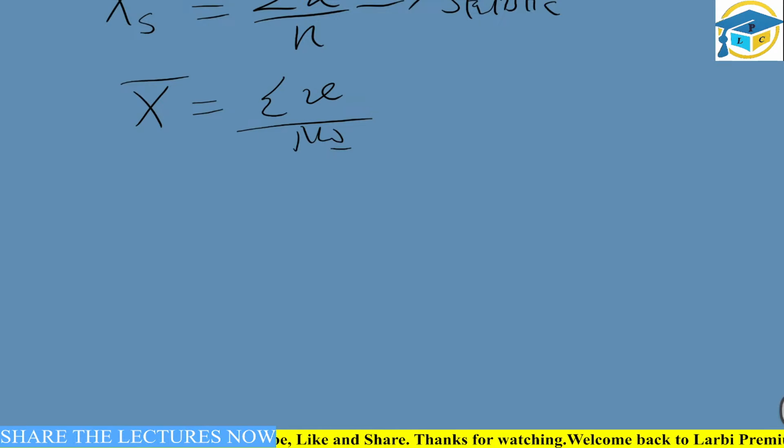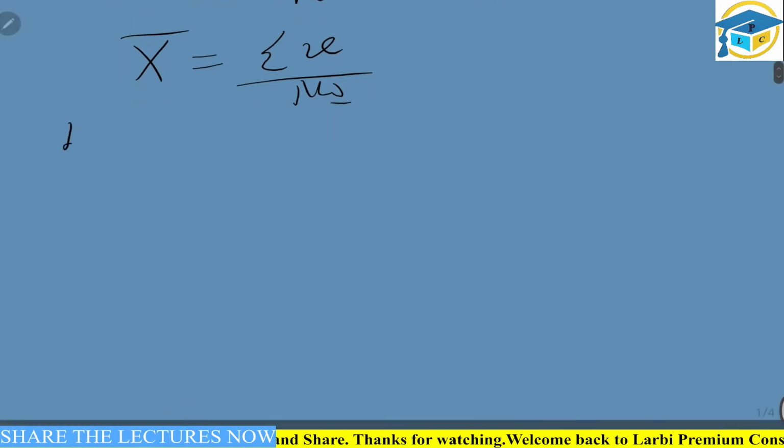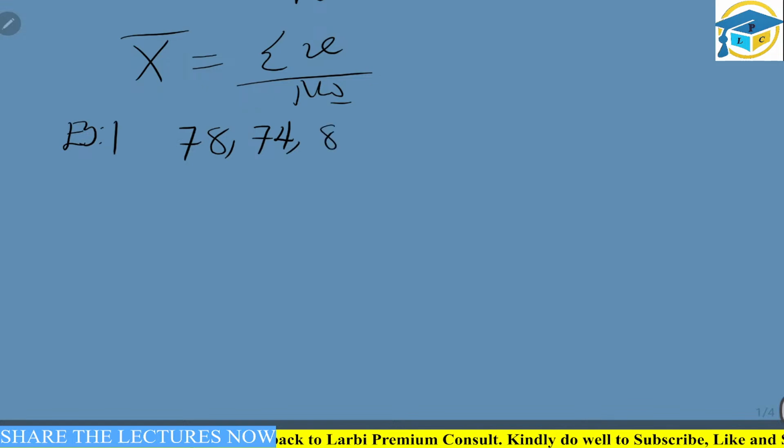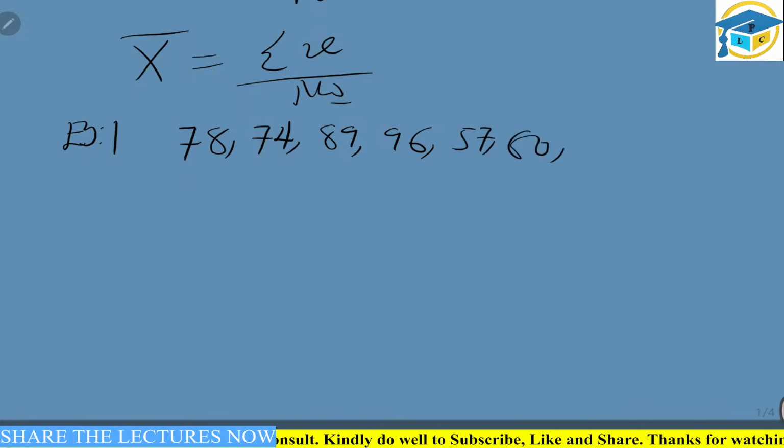Example one: the marks obtained are 78, 74, 89, 96, 57, 60, 68, 91, 80, and then 75.